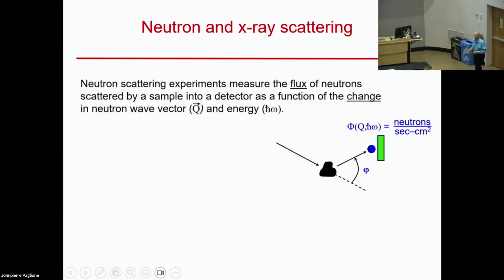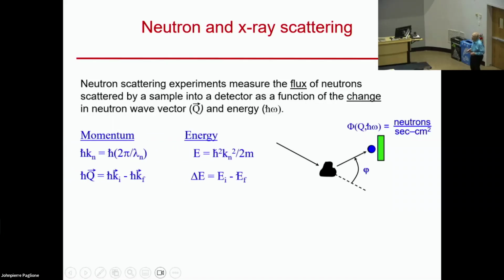If the detector has energy analysis capability, then you can look for dynamics in addition to static structures. One of the problems is you have to conserve momentum and energy. That's the law, and you can't break it.